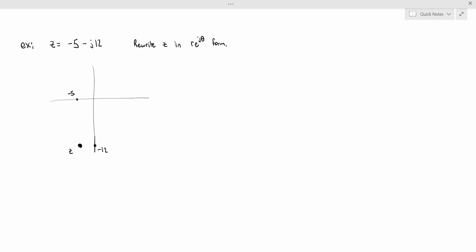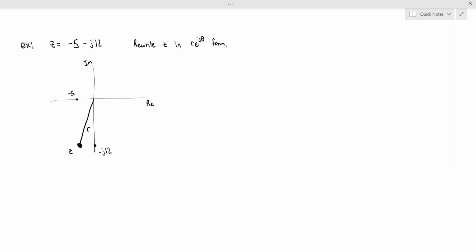And since I'm working with complex numbers, it might be better to write this as j times -12, since this is the imaginary axis. This is the real axis. What we need to figure out is r and theta, the polar coordinates of this point here. So r is this distance between the point and the origin.